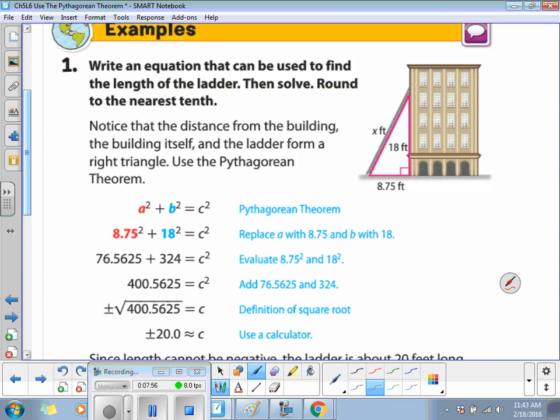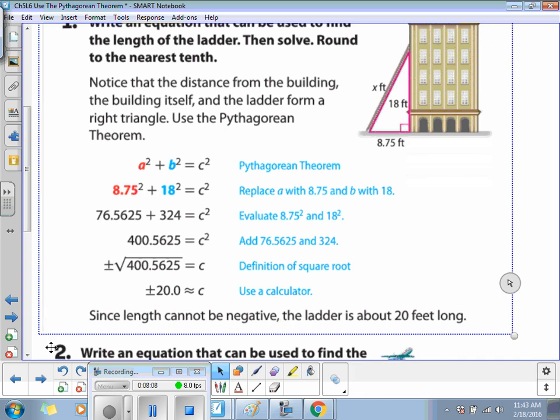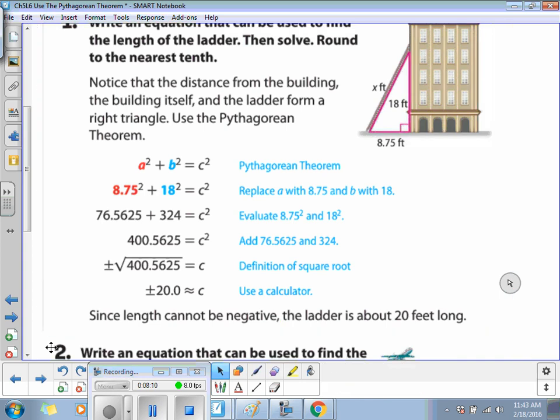So here we're using the Pythagorean theorem. If a squared plus b squared equals c squared, we enter what we're solving for, so it's 8.75 squared plus 18 squared, and then we're solving for c. And then we continue with our calculations, and we end up with c is equal to positive or negative 20 feet. But, is it positive or negative?